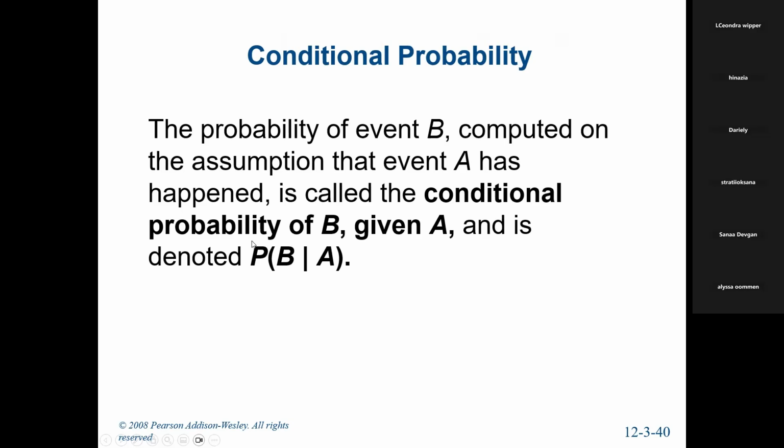Anytime they give you a problem, and they ask to find the probability given an event, you're talking about the conditional probability. And it is denoted P of B given A, okay?